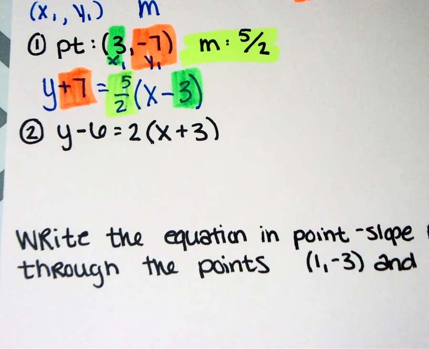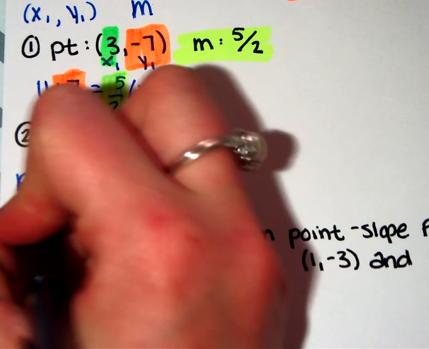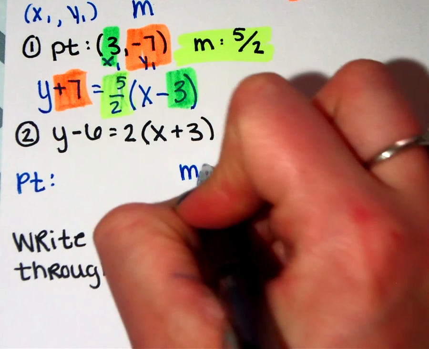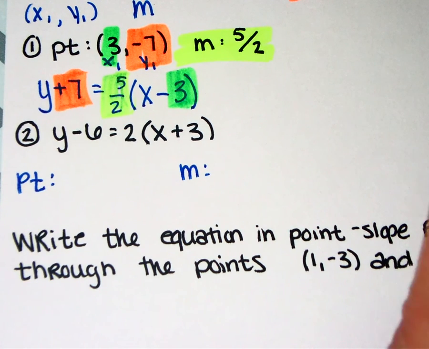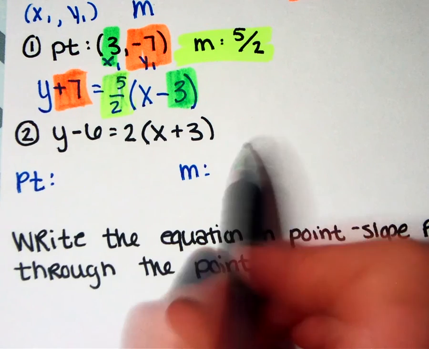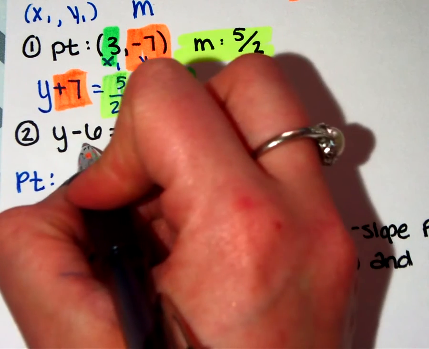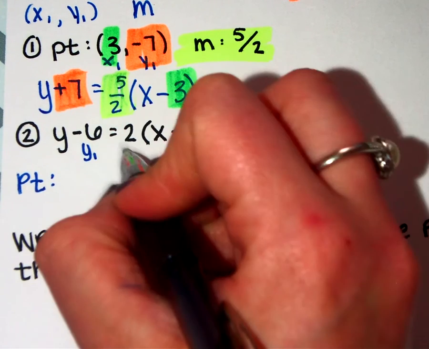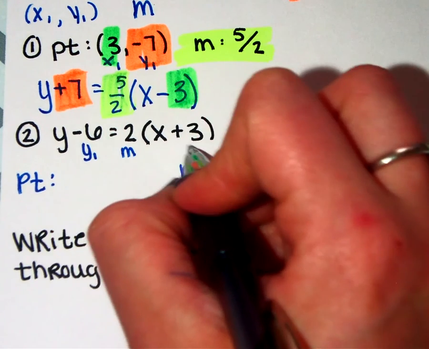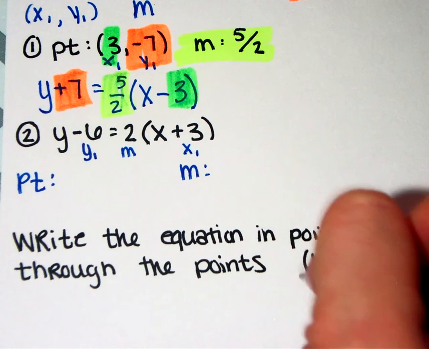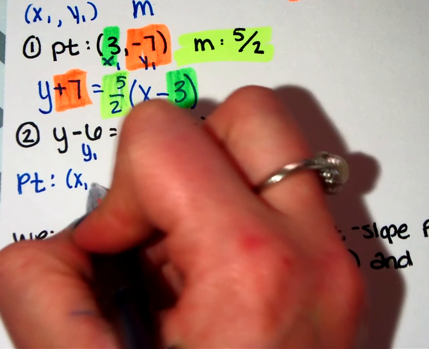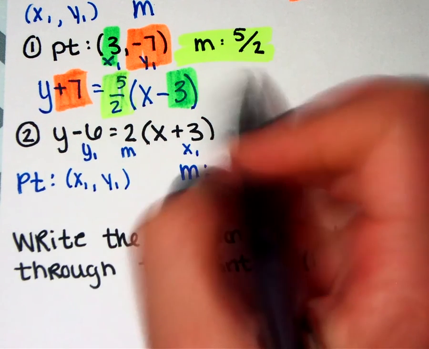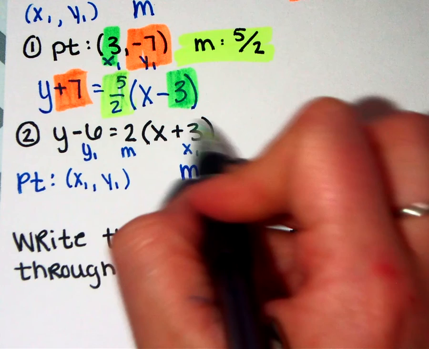So let's try this next one. On this next problem, what we're going to go ahead and do is identify the point and identify our slope. It might help you to fill out the problem underneath. So y minus y1 equals m(x minus x1). Your point here is always going to be (x1, y1). The only trick here is you have to do the opposite.